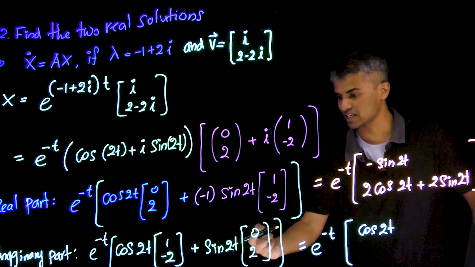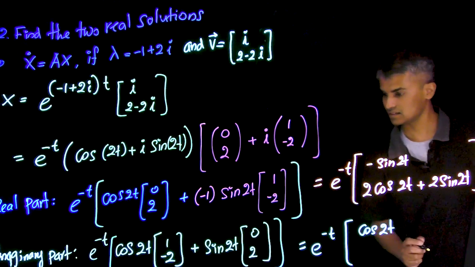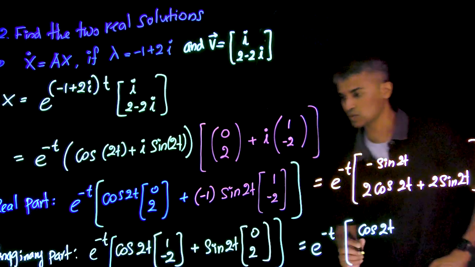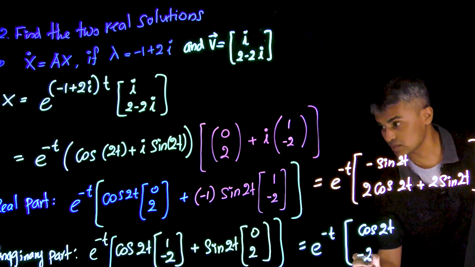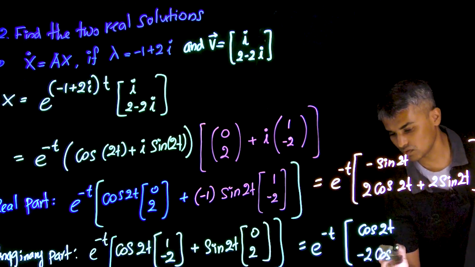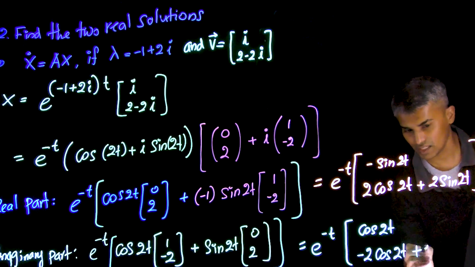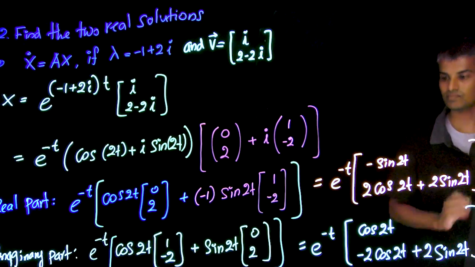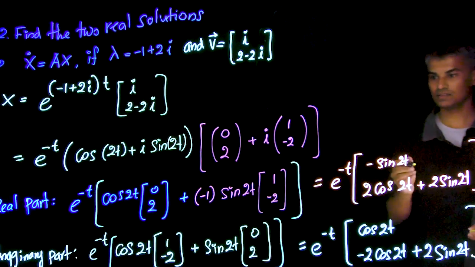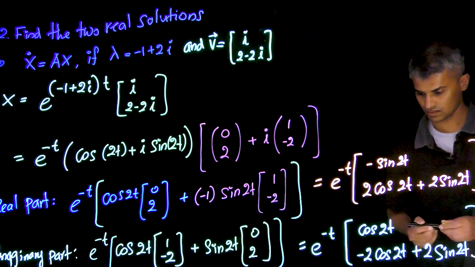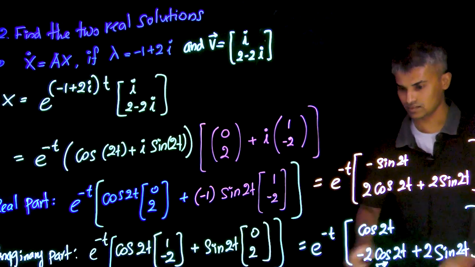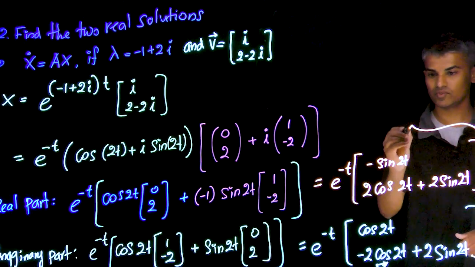So we do not have a contribution from this part, and then the second component equals negative 2 cosine 2t plus 2 sine 2t, and this is your second solution x2, and this would be your first solution x1.